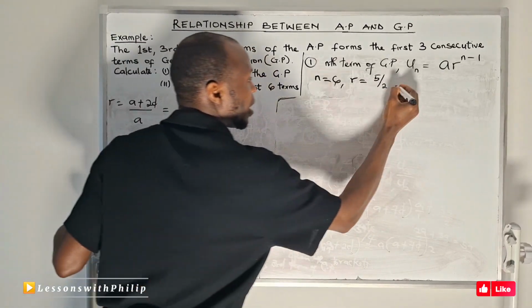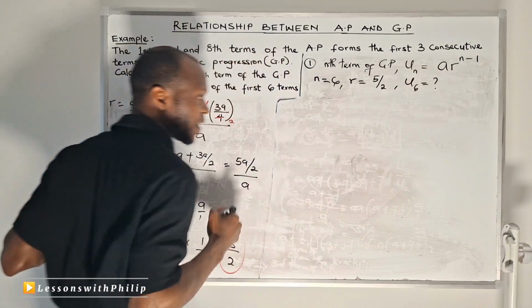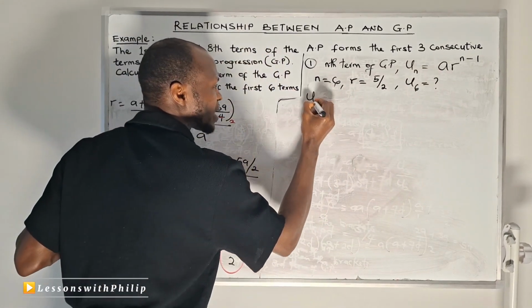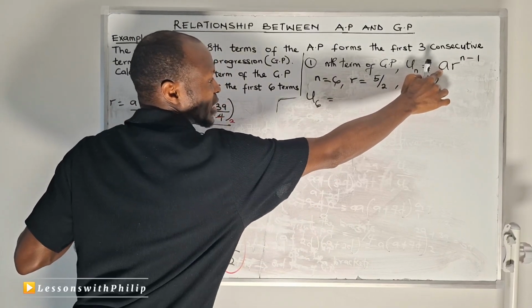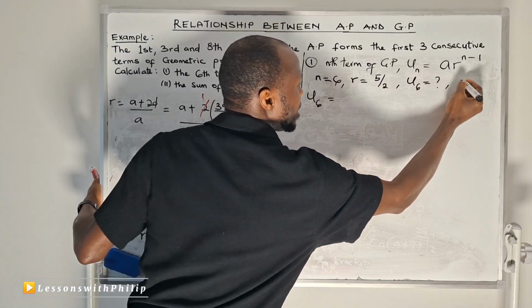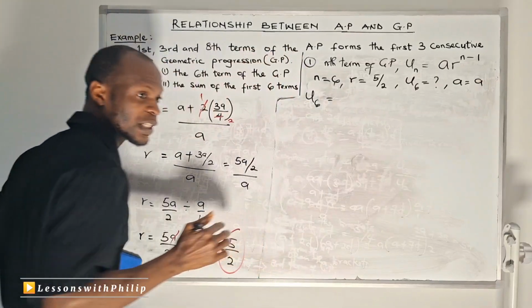So now we have to find our sixth term. That is what we have to find. Therefore, our sixth term will be equal to, go to the formula. What is our a? Our a still remains a, our first term is not given.